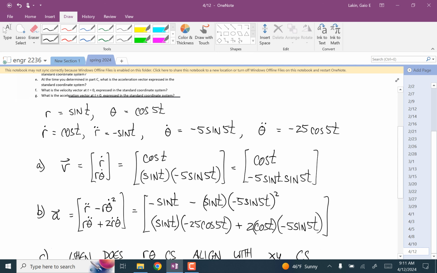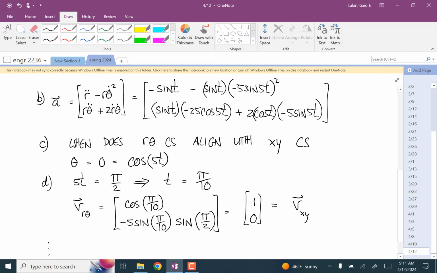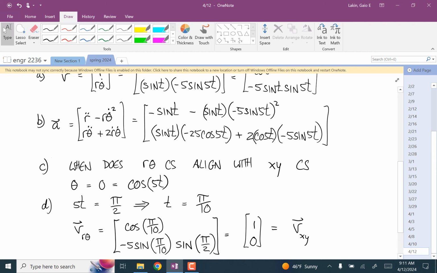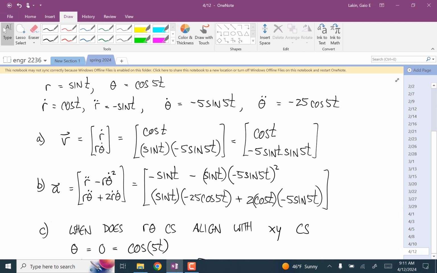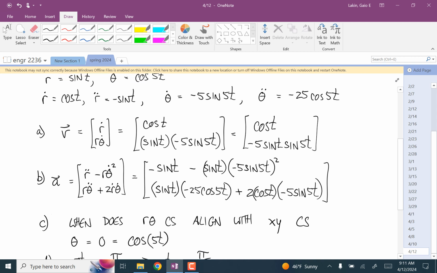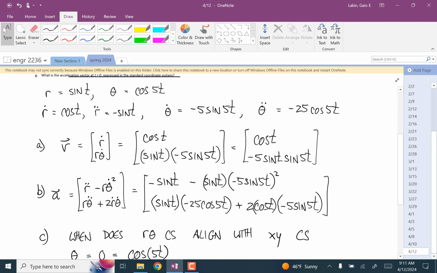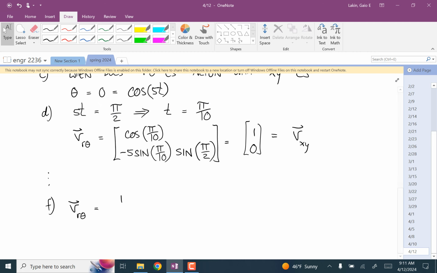Here's our velocity function. So our velocity vector in the r theta coordinate system is cosine of 0 for the r component, and then a bunch of sine stuff, so 0 for the theta component.